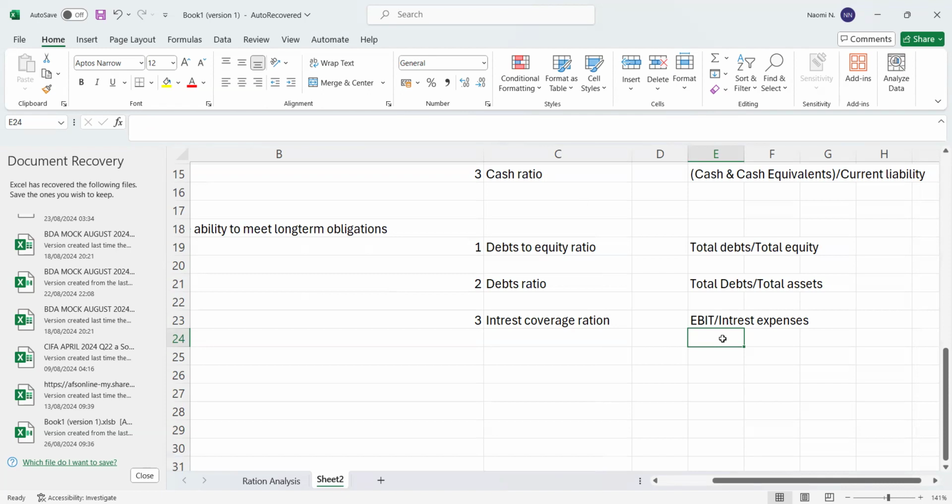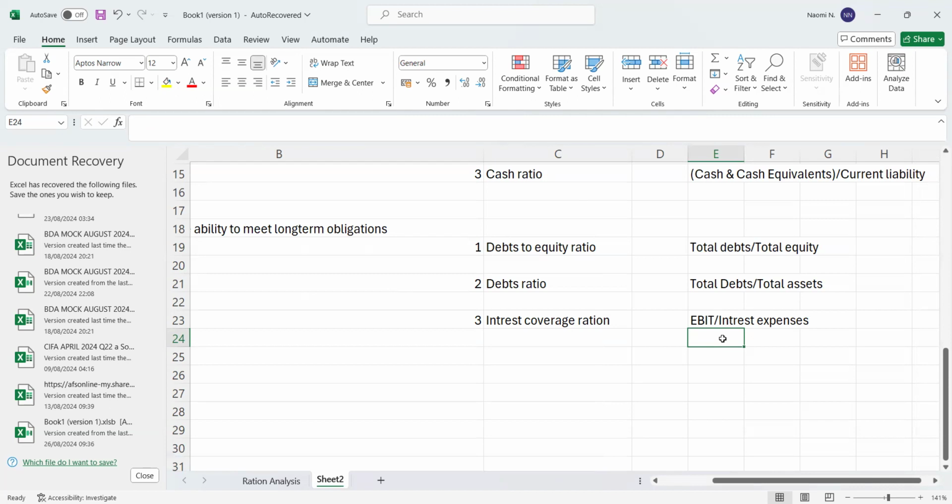The interest coverage ratio assesses a company's ability to meet its interest payments on outstanding debts. We are all aware that when you take a loan, there is an interest that someone needs to pay. So this ratio helps us analyze and understand whether the organization is able to pay the interest on the loan they took.